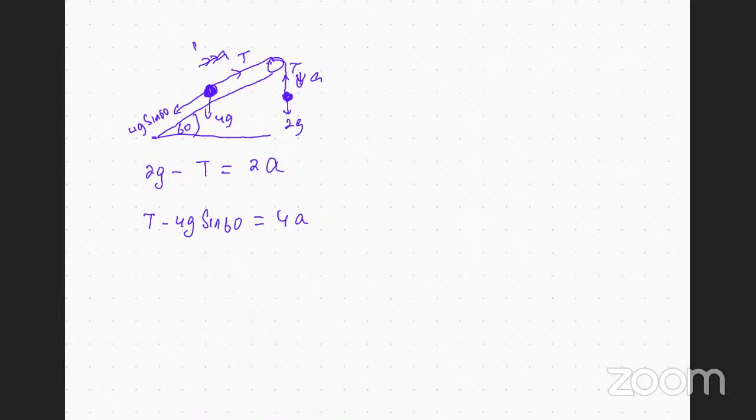Let me do the same thing again. Now we add up here. So this is 6a, and then minus T plus T will cancel off.